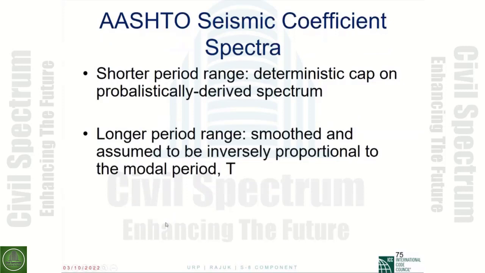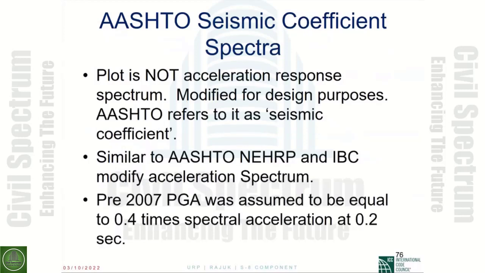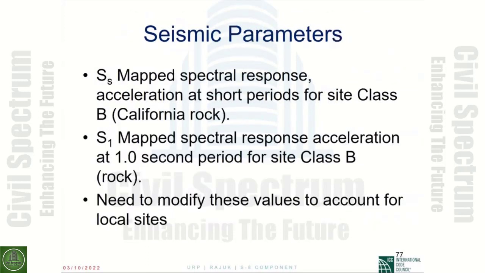Based on these, you would be able to get the seismic coefficient spectra, and make sure that this is not the acceleration spectra. This is the seismic coefficient spectra. This is what AASHTO actually calls it. So as I said, it's not the acceleration response spectrum. This is the seismic coefficient spectrum.